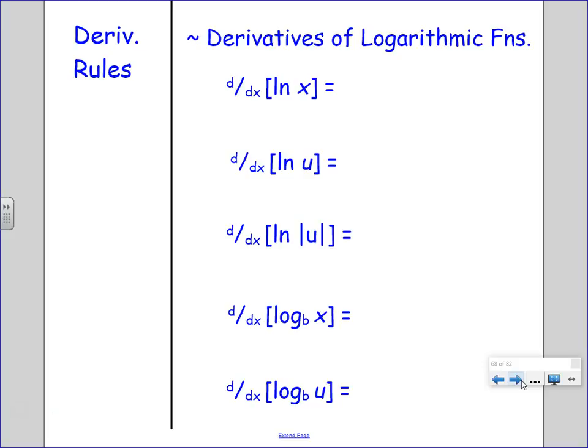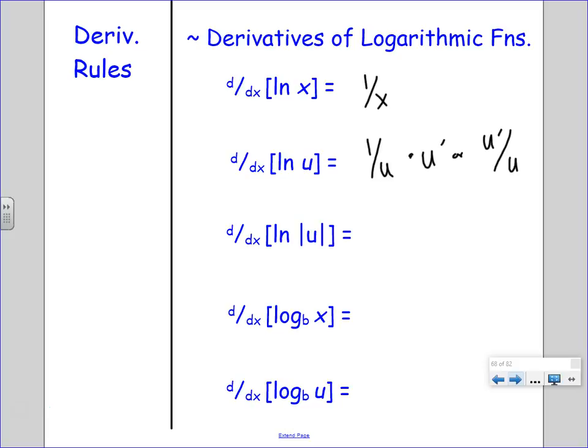What's the derivative of ln of x? 1 over x. What's the derivative of ln of anything else besides just x? 1 over anything else, we'll call them u, times u prime. And if you guys like it, you could put u prime over u. I'm just trying to show you that it follows the rule, just multiply by a u prime.